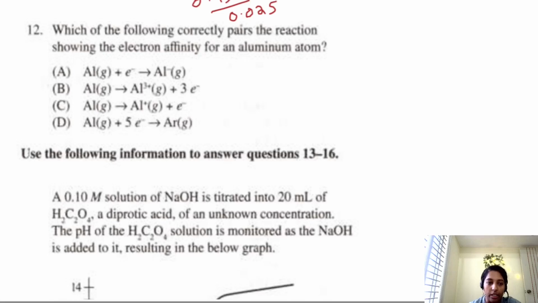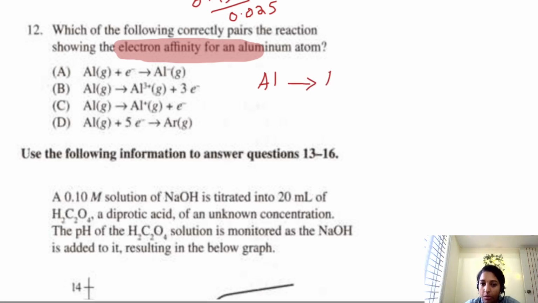Then the next one: which of the following correctly pairs the reaction showing the electron affinity? Very important. Electron affinity for an aluminum atom. What do we mean by electron affinity? First, ionization energy means removing one electron. How much energy is needed for removing an electron?